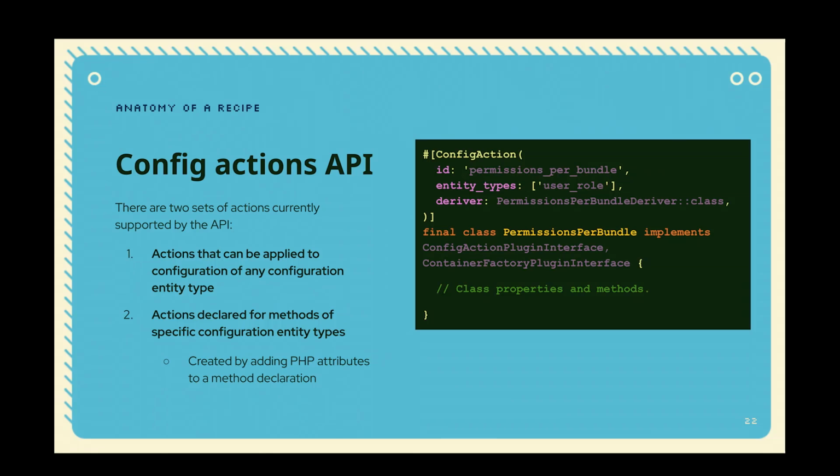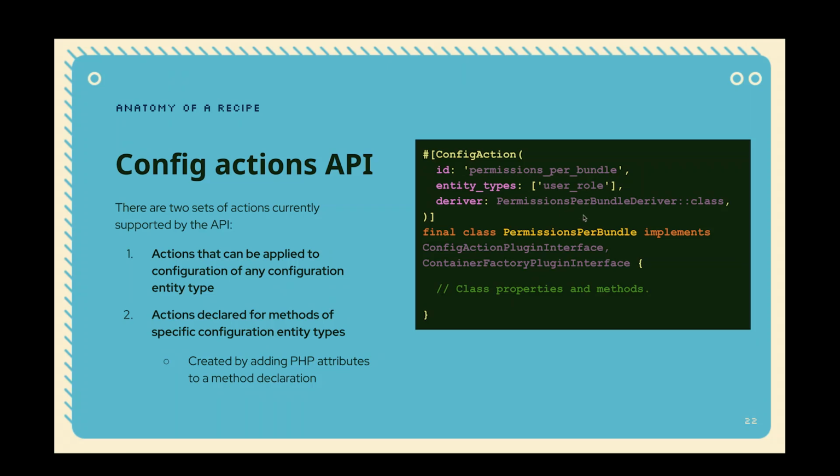Also worth pointing out that the config actions are actually an API. So if there's something you want to do with config actions and you can't find a config action that does that already, you can provide a class like what we see here. Obviously you need to provide an ID. You can optionally provide a set of entity types, so if you wanted to only work on certain entity types, you can specify that.